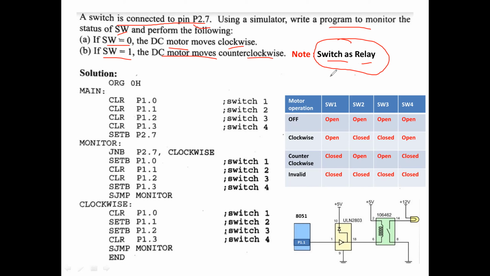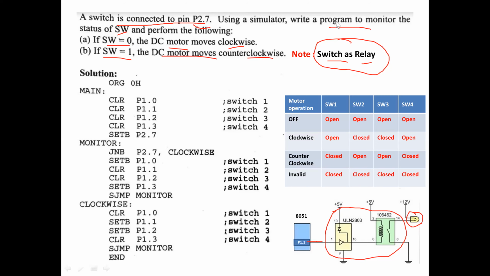If it is a relay, then you must go with a certain configuration like this, and here you will have your exact load. The switches will be connected like this.